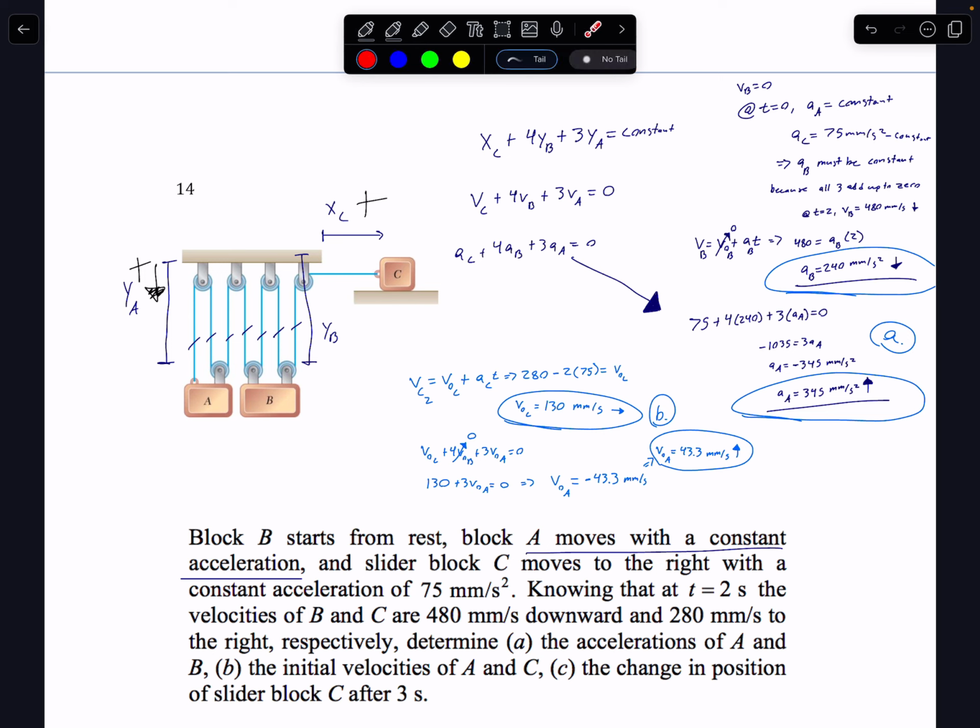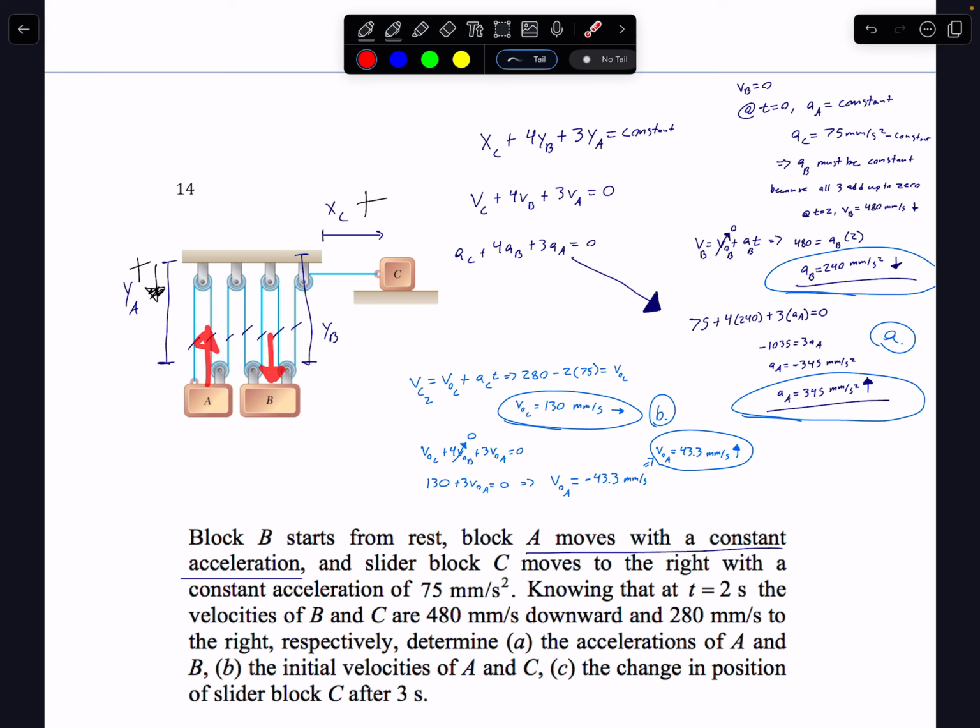And then since we know the constant acceleration of B, and then also B and C, we can find the constant acceleration of A, which is 345 millimeters per second squared, going up.